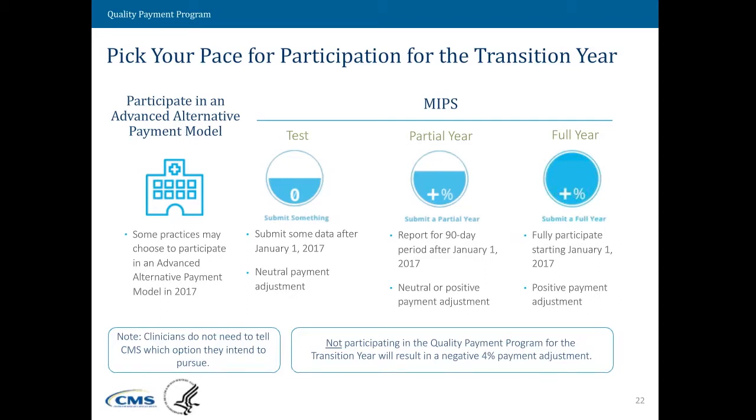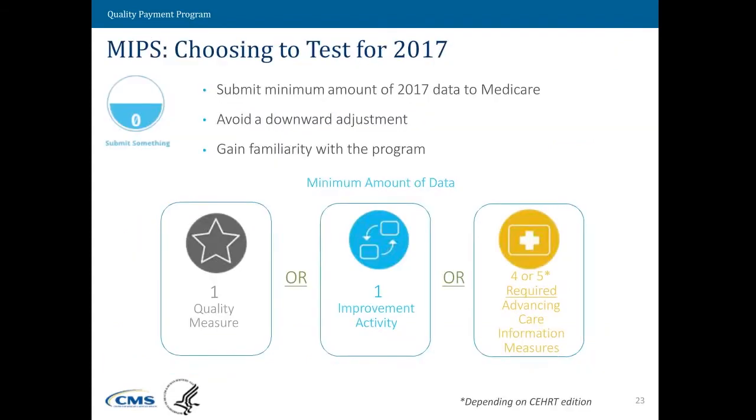So let's dive into slide 23. So the test option. What the test option is where you would submit just a minimal amount of data to us, and that would get you to the neutral point where you would avoid that negative 4% penalty.